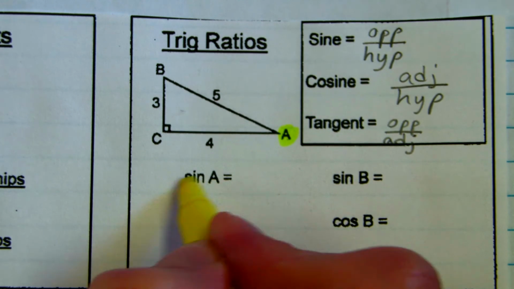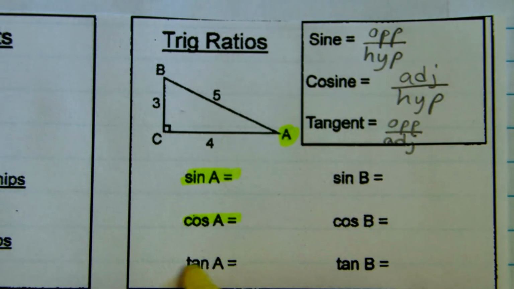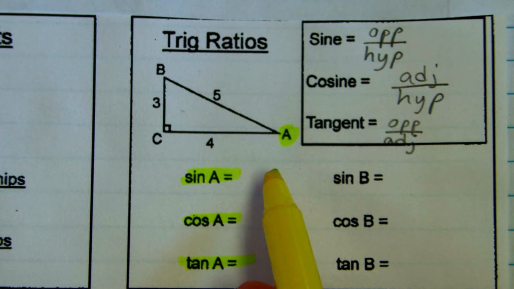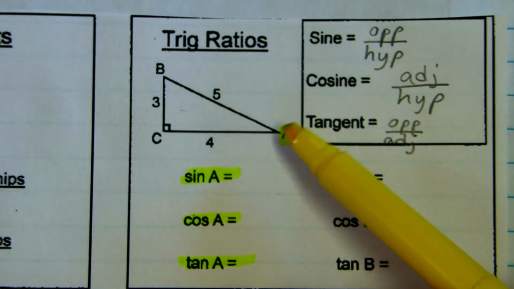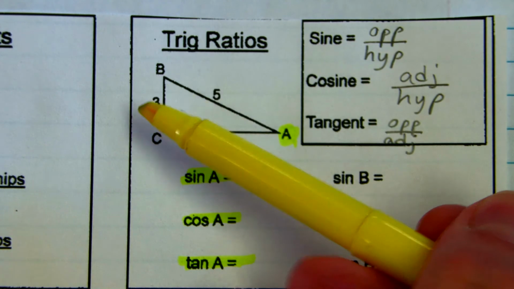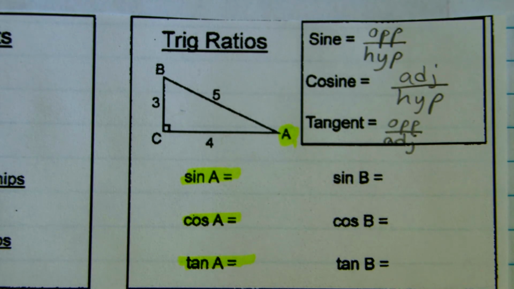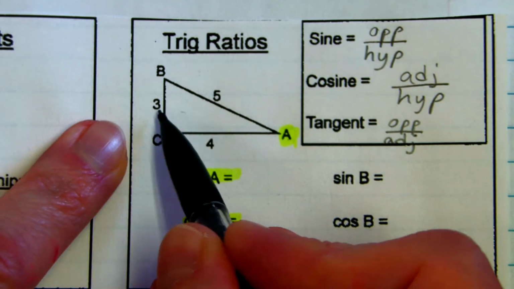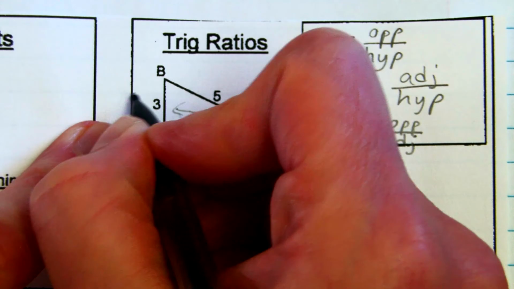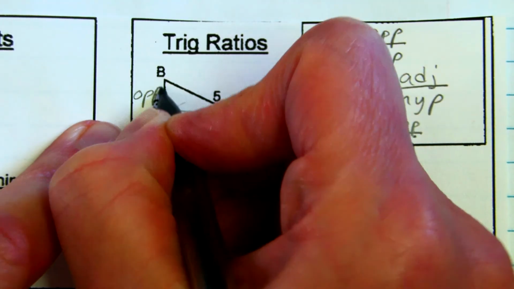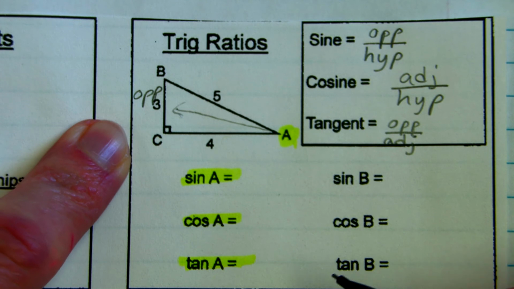All of these problems down here where we have angle A, we are pretending that we're standing at point A and we are looking out across the triangle this way. I'm going to use my pencil to label this because it will change a little bit. The side opposite A is the side that's all the way across, so the 3 would be my opposite side.